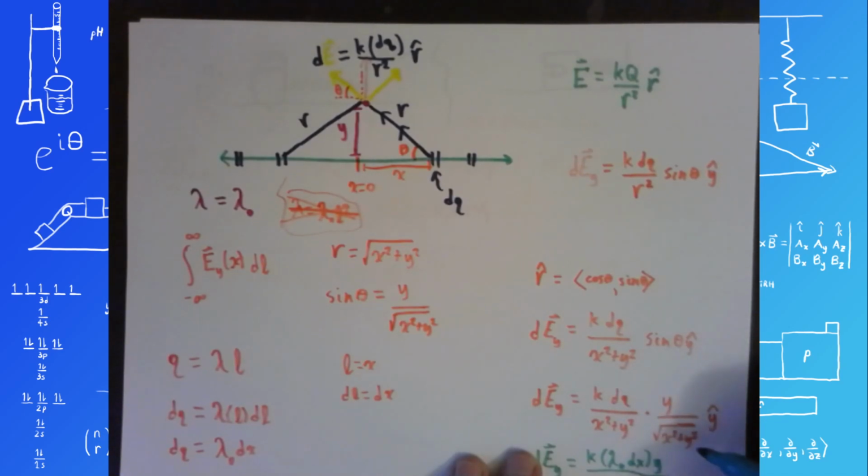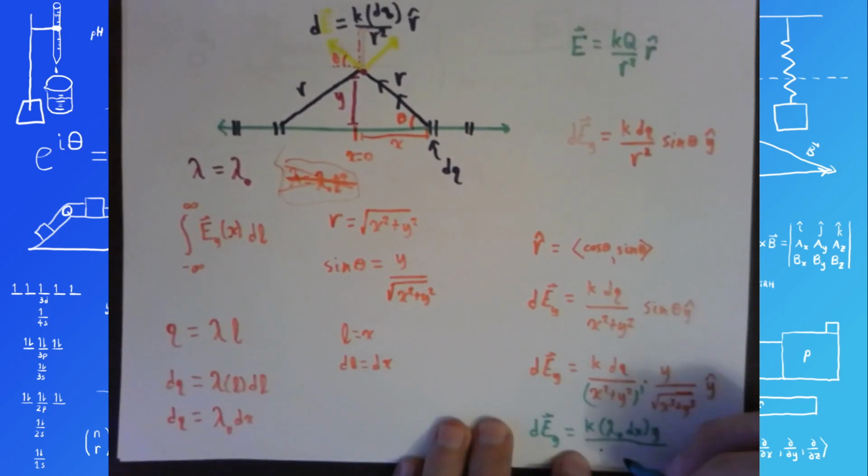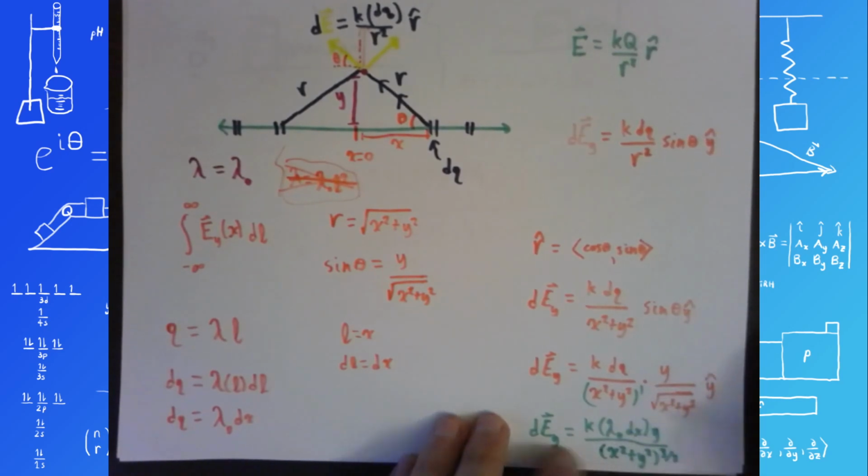I'm just going to write that all as x squared plus y squared to the 3 halves. This is x squared plus y squared to the 1, and that's x squared plus y squared to the 1/2. If I multiply them, 1 and 1/2 is 1 and a half, or 3 halves. So that's going to be x squared plus y squared to the 3 halves, and I just noticed it's a little too low for you to see. Is that better? A little bit.